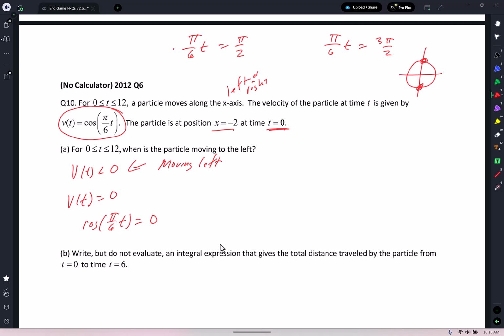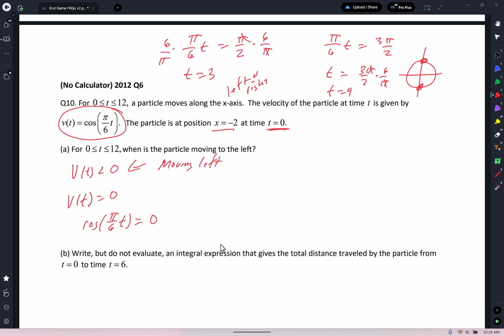So if you multiply this by 6 over pi, or maybe you guys can already see it, t equals 3. T equals 3 pi over 2 times 6 over pi. The pi's cancel out. 6 times 3 is 18, divided by 2, 9.